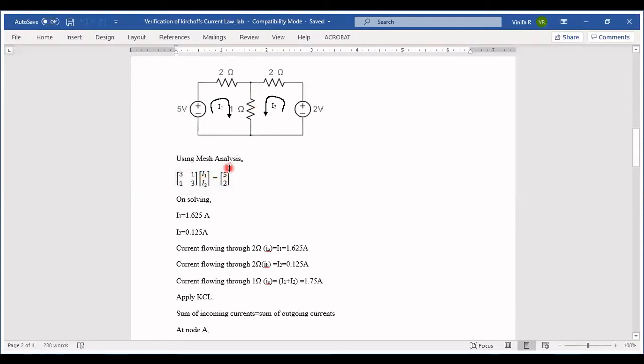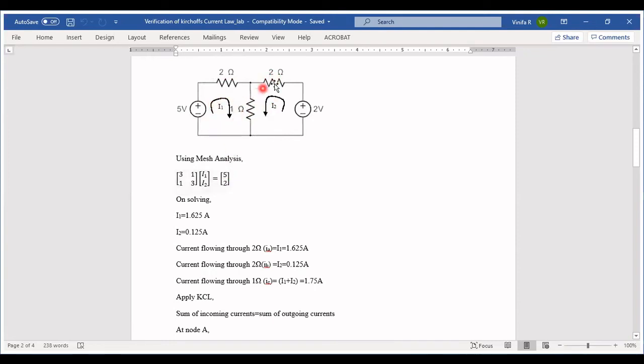Here V is the voltage source. In the first loop, the 5 volt voltage source is present. First we have to see the direction of the 5 volt source: the current flows from plus through the circuit, then to minus. The source current direction is the same as the loop current, so we put plus 5.